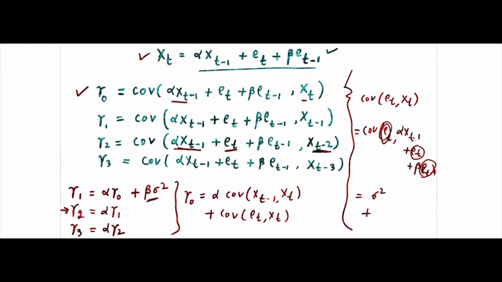Plus, we have another one, alpha covariance of xt minus 1 and et. You go on checking before writing anything in ARMA processes: do you have the xt minus 1, et covariance? You try here, xt minus 1. You will get xt minus 1, et minus 1, et minus 2.